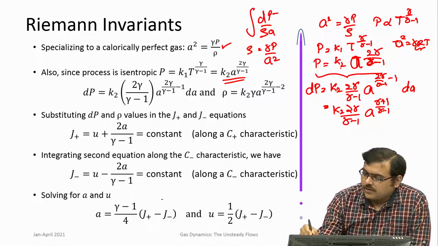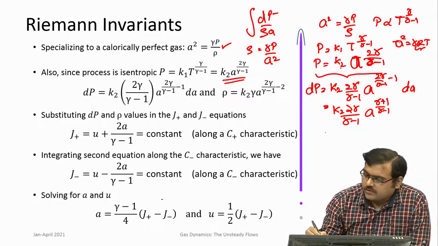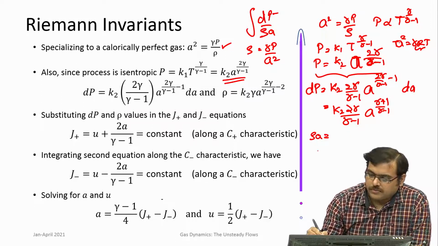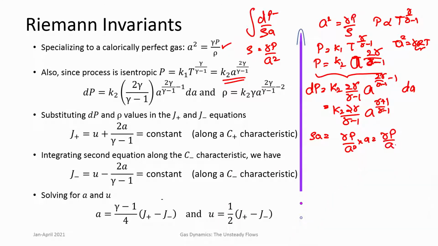So you can use that equation, and you have the term rho a. So rho a is the term that needs to be evaluated. This is nothing but gamma p by a squared multiplied by a. This is gamma p by a, and p is k2 a power 2 gamma by gamma minus 1.